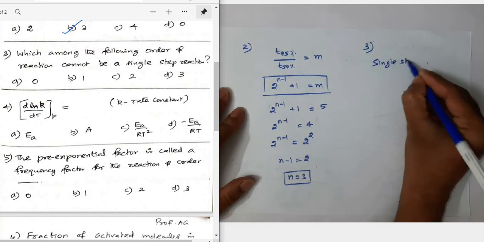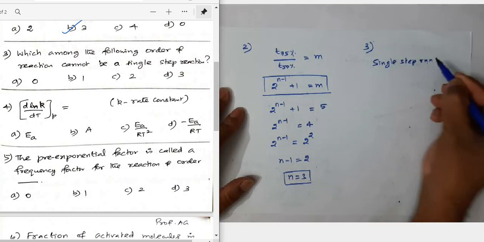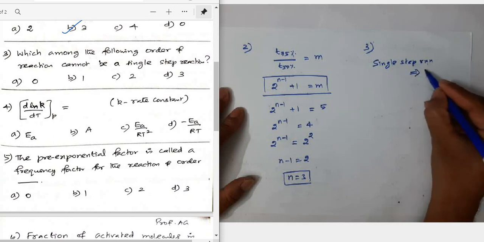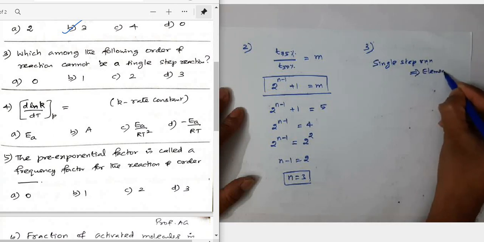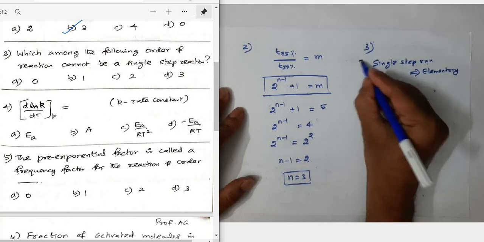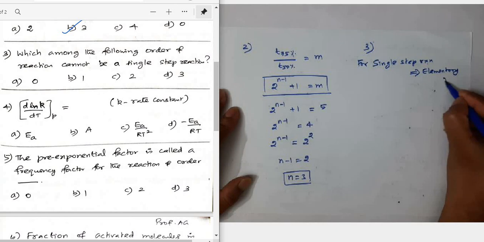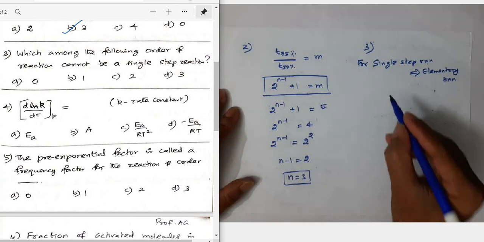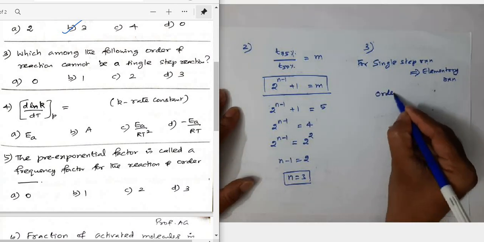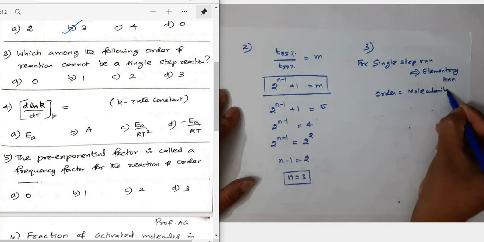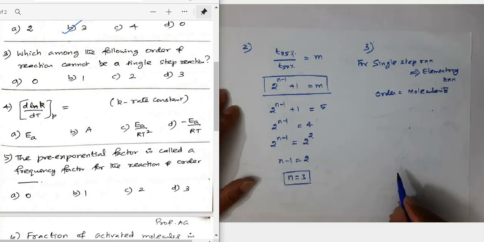Yeah, we know very well, for single step reaction, also called as elementary reaction, order is equal to molecularity.